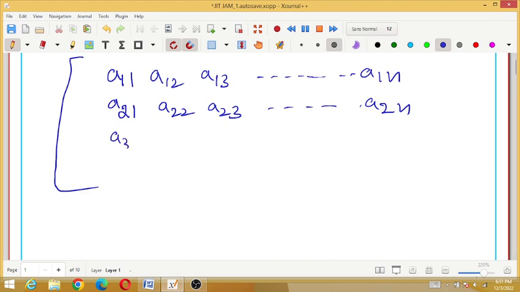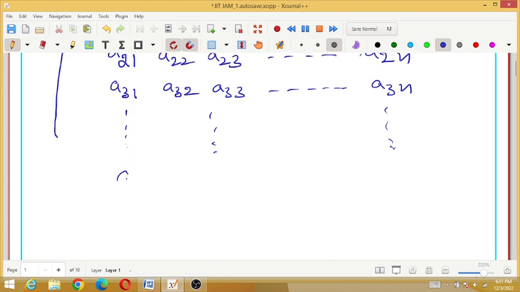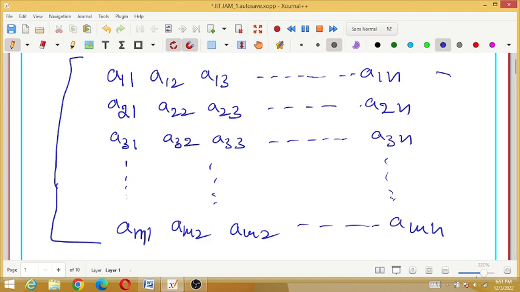Next, the third row elements: A31, A32, A33, and so on, up to A3n. And this is m by n, with m rows and n columns, so the last row is Am1, Am2, and so on, up to Amn. This is the general notation of an m by n matrix.